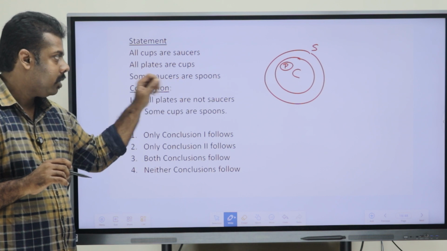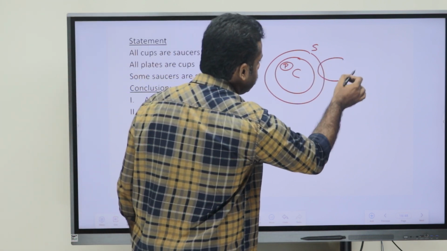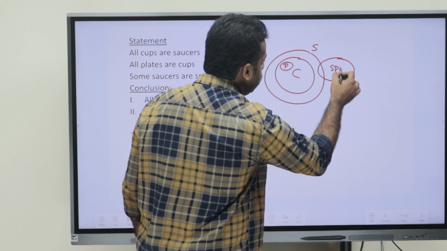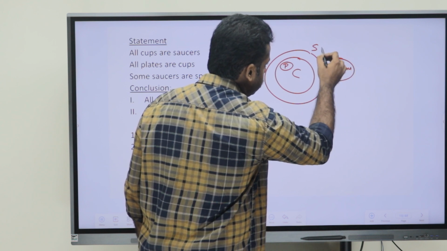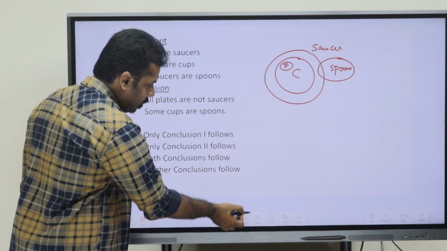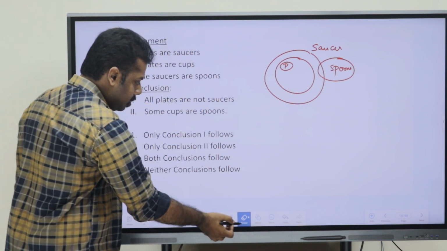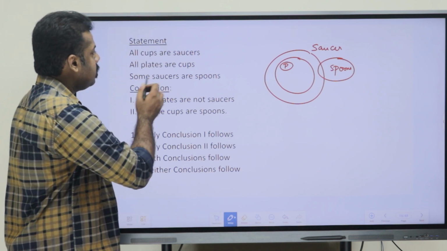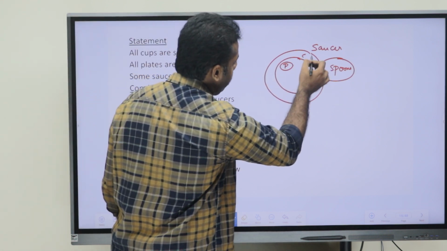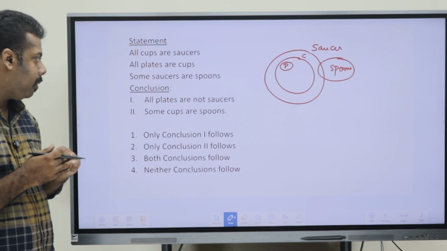Some saucers are spoons. Okay. So saucer is this portion. So saucer and spoon have a some relation. So this is saucer. Okay. Here as well what you can do. So this was cup. Okay. Now moving on to the conclusion part.